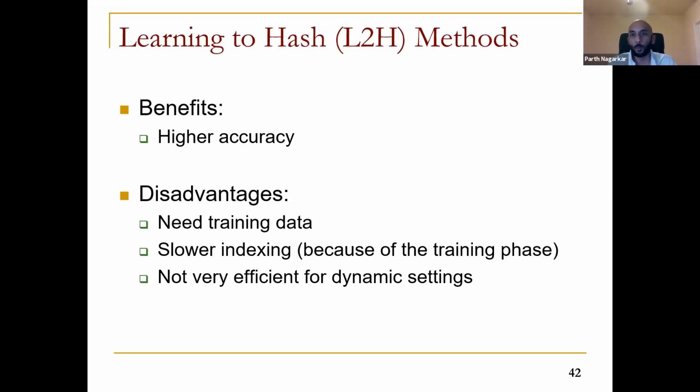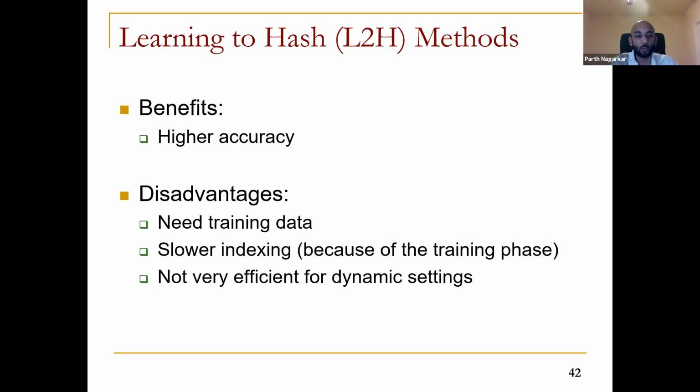It depends on how your data distribution is going to be affected by these insertions and deletions. If you do not know, and you want to play safe, then LSH, since it's a simple technique, would be the easiest one to extend to dynamic settings.